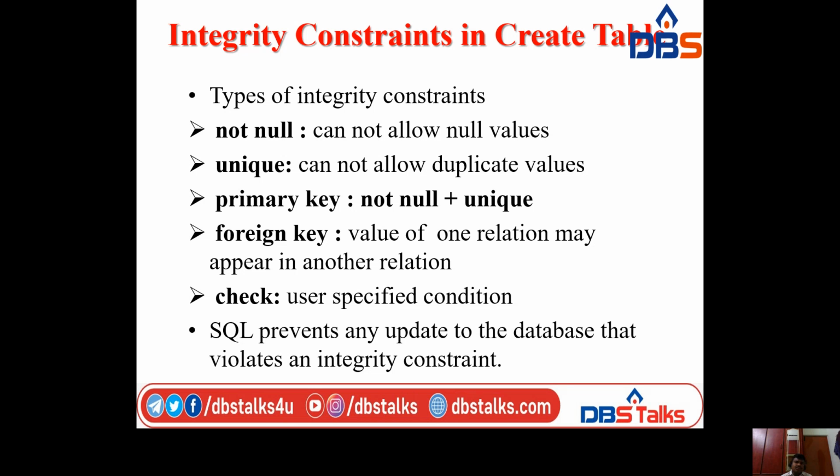Now coming to the check constraint. For example, if you are entering internal marks, the maximum internal marks are 30 only. If you enter a wrong value, say 35 instead of 30, and you have specified a check constraint for that attribute, it will check whether the value is within 30 or not, and it will indicate an error. We use the check constraint to verify that the entered value satisfies the specified condition.